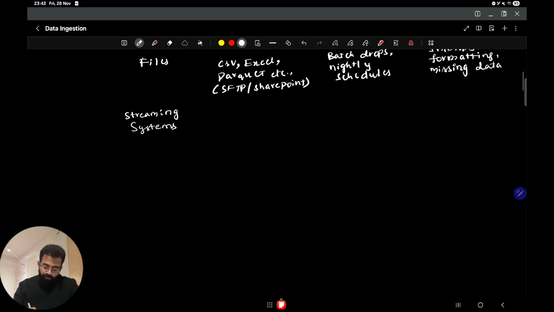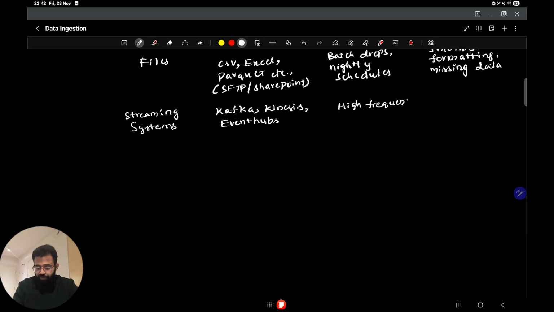The most common examples would be Kafka, which everyone knows, Kinesis from AWS, and if we talk about Azure, it will be Event Hubs as well. The characteristic of streaming systems is high frequency.